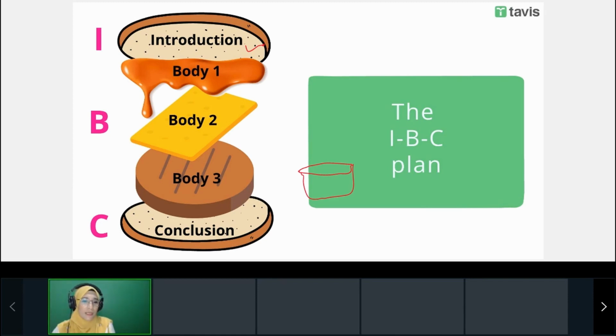This is your ice. So we are making ABC, ais batu campur. What do you like to put on your ABC?